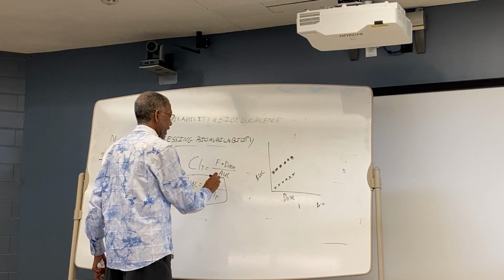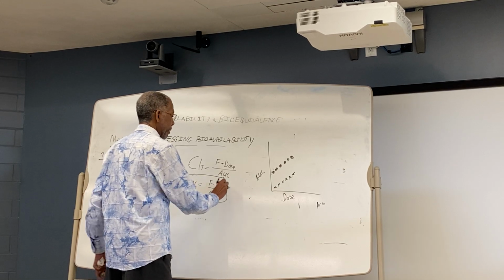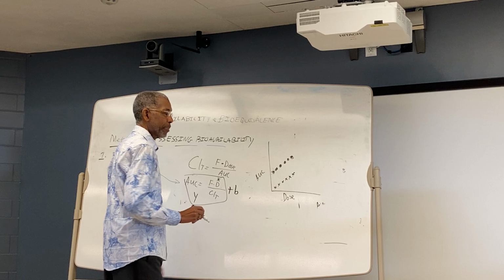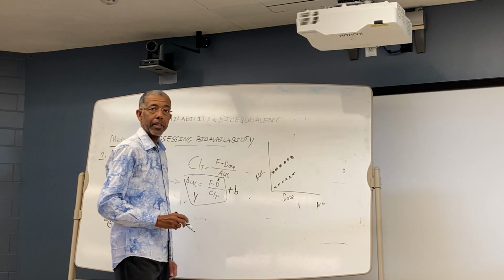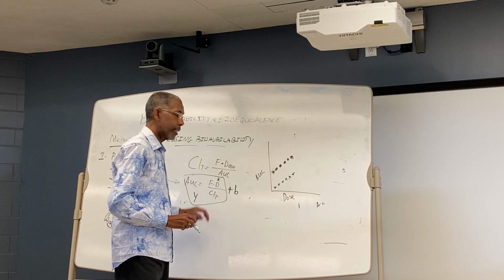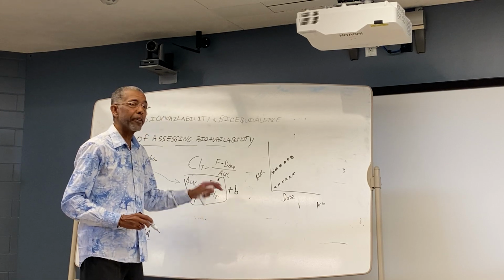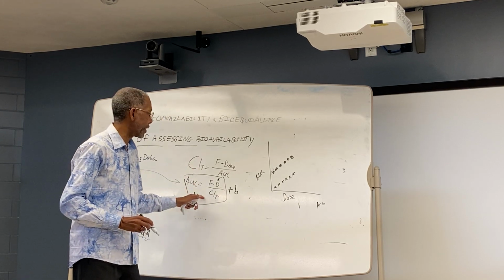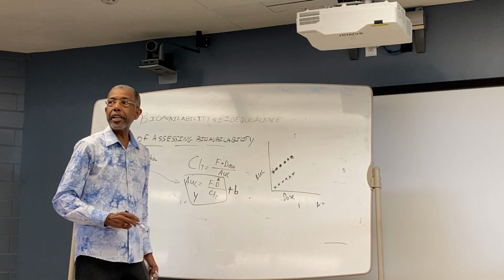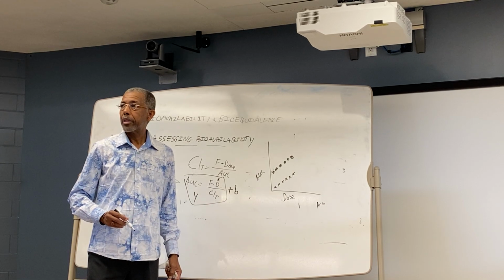So dose is on the x-axis, plus b. B is equal to what in this equation? What numerical value does b have based on this equation? 0.